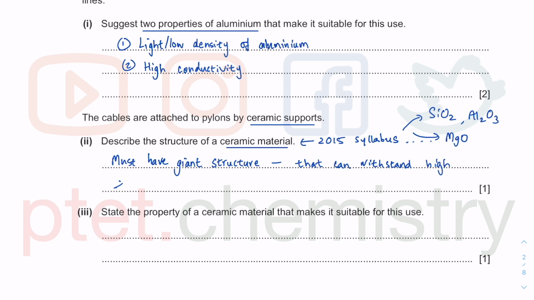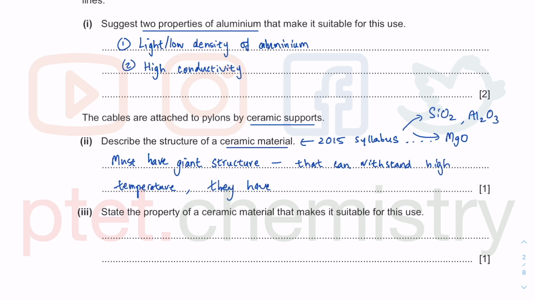because they don't melt or boil easily. Okay, high temperature. Electrical cables carry electricity. Sometimes you get heating up due to a power surge, and you don't want these things to melt or boil easily, right? So they have high melting point. They don't melt easily.